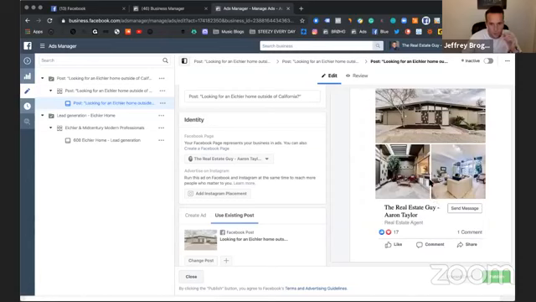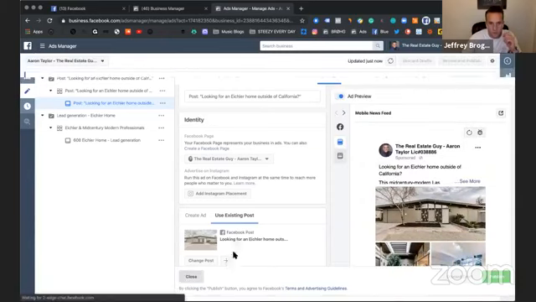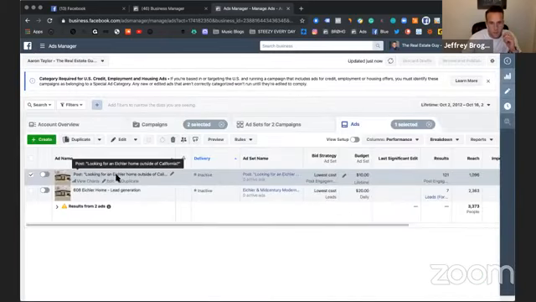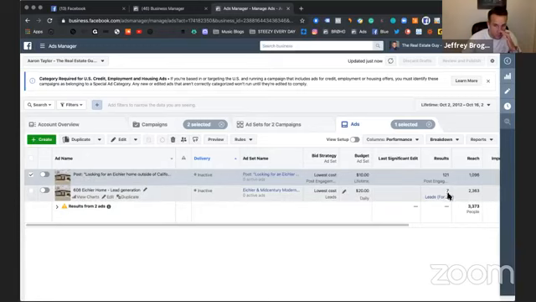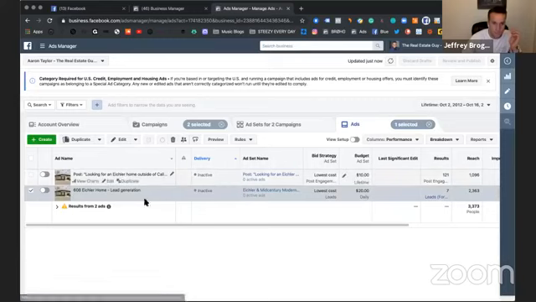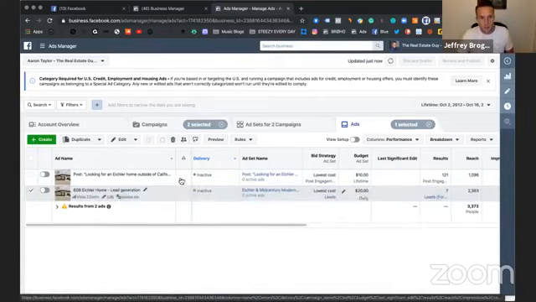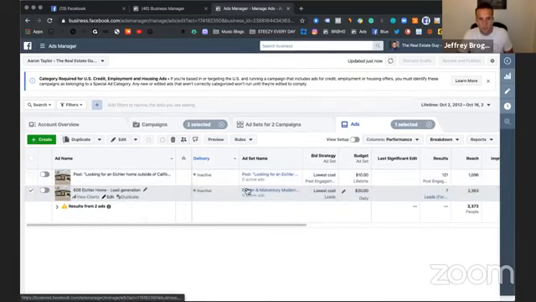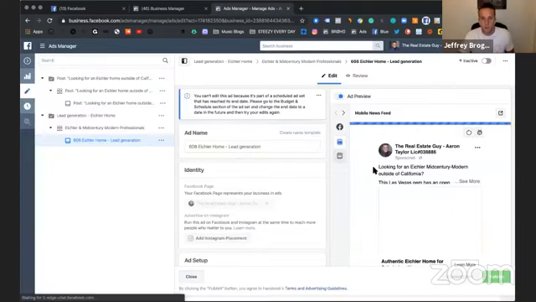And through this, we were able to first run a post engagement ad, right? So we got 121 post engagements. And then from that, we retargeted the post engagements and generated 7 leads with an actual lead form where they gave their phone number and email and then dropped into the messenger bot. So that was a simple 2-step funnel. What are we doing?